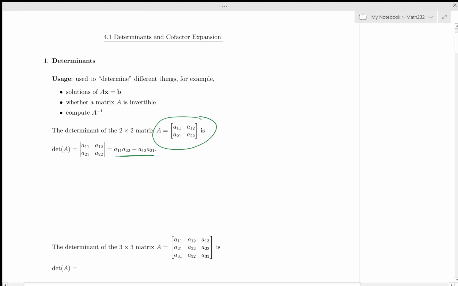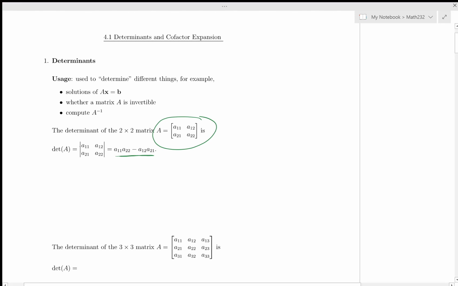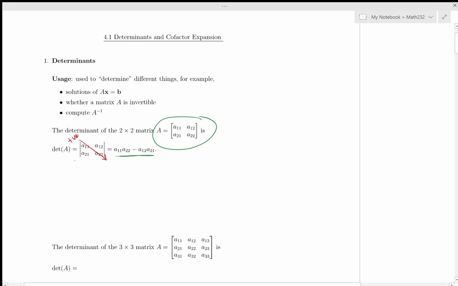I'm going to draw a couple of lines here. It is this product with a positive sign, and then the next set of numbers is these two numbers here with a negative sign. We saw this in the calculation of the inverse.